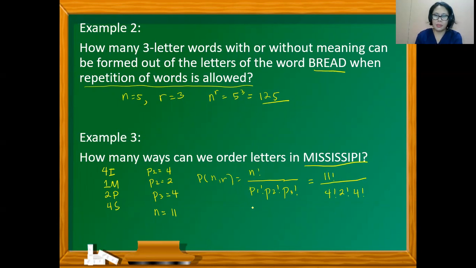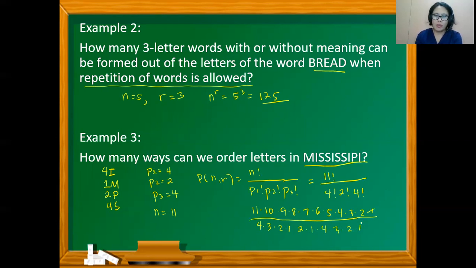So we have 11 times 10 times 9 times 8 times 7, 6, 5, 4, 3, 2, and 1 all over 4 times 3 times 2 times 1, 2 times 1, and then 4 times 3 times 2 times 1.